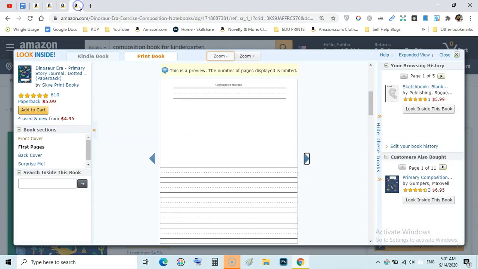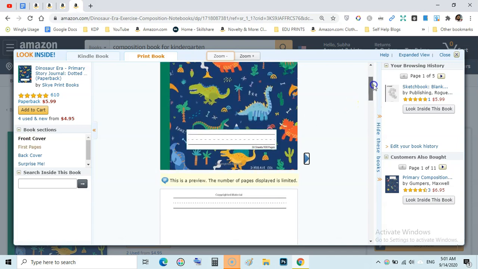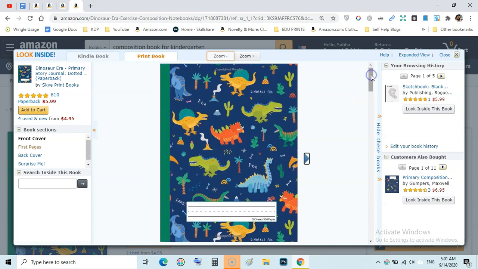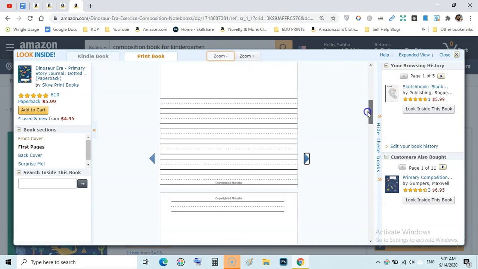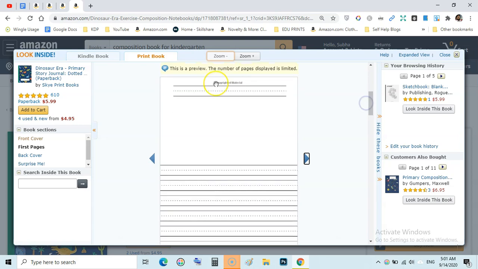And the last one is blank storybook. This is the blank storybook, Dinosaur Primary Journal. And you can see here there is no text, only the dotted line toward the top and toward the bottom. These are the lines, and here a child can place a picture and write about it.